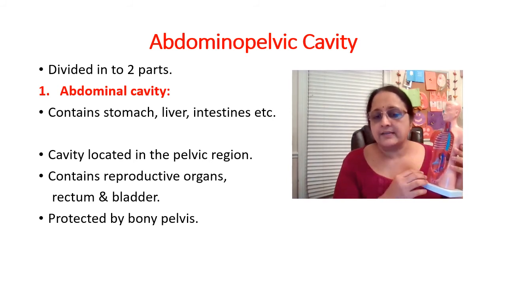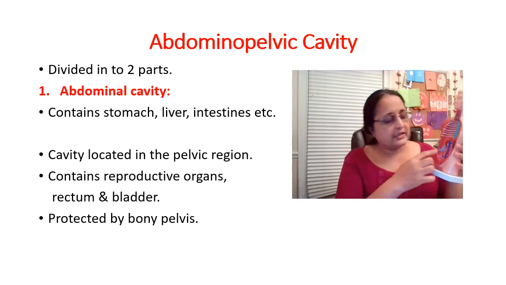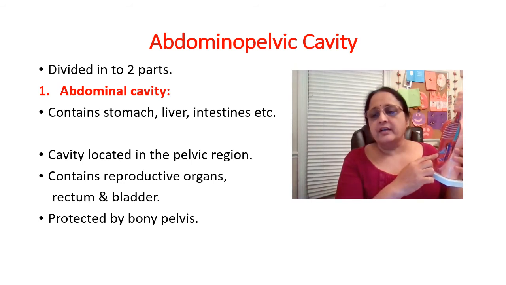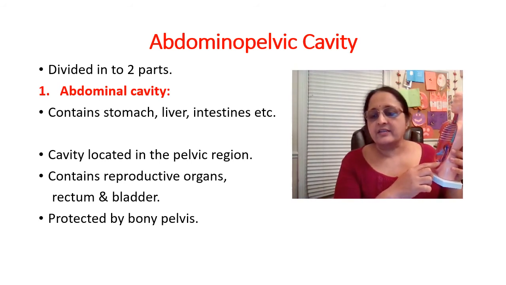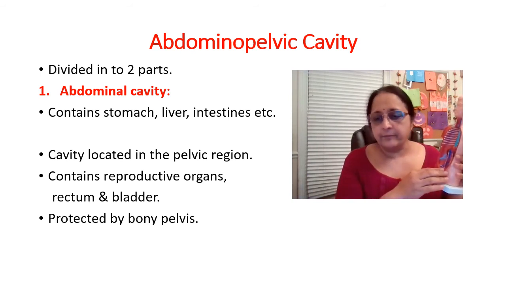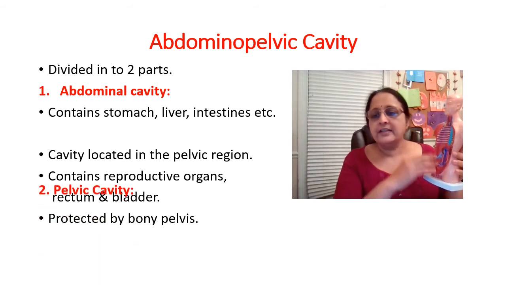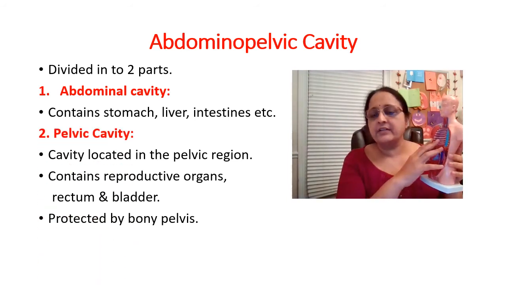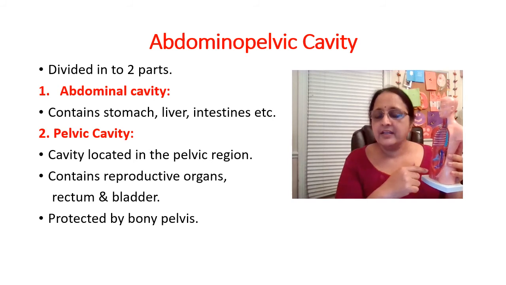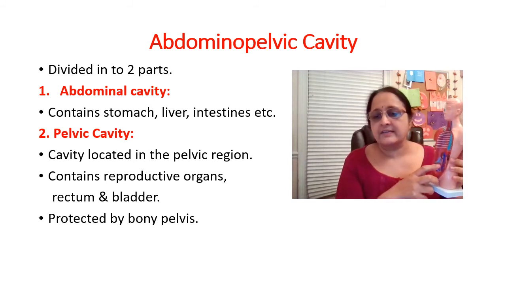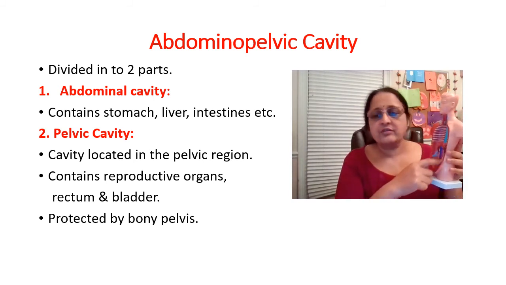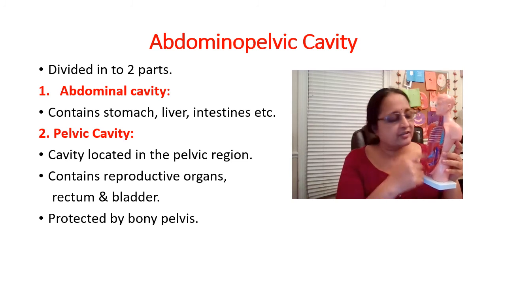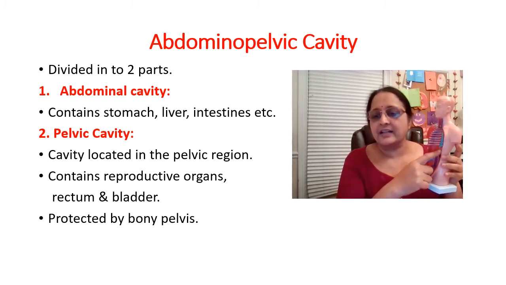are present in this. Now if you see, the pelvic region is also protected by the bony structures known as pelvis, that are the bony structures of the pelvic girdle. And funny thing is, when you see all those cavities, they are all protected by somewhat bony structures. But when it comes to the major digestive system visceral organs that are in the abdominal cavity, there are no bony structures supporting.